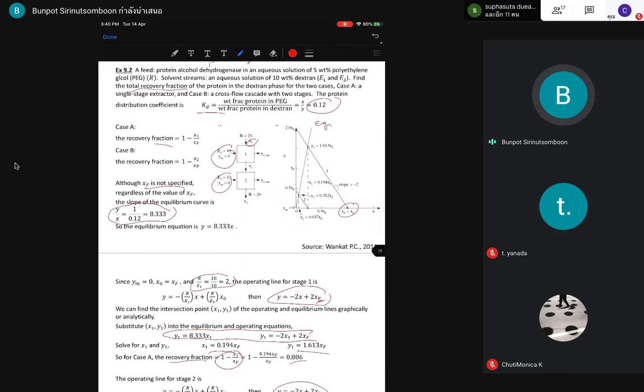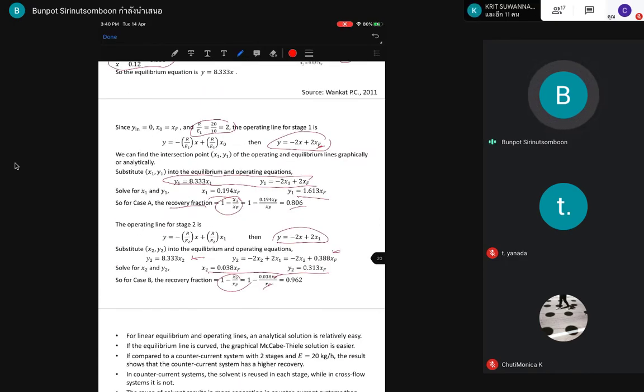So you have case A and case B here. For case A, you have only a single stage, which means you don't consider this. But for case B, you have both stages, and this is what we get.